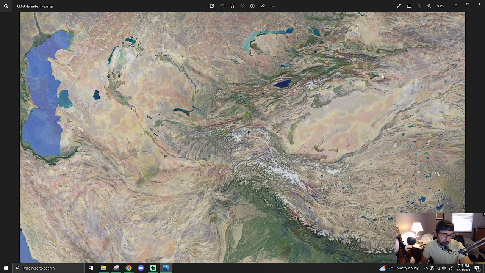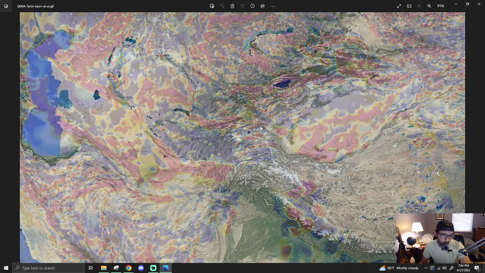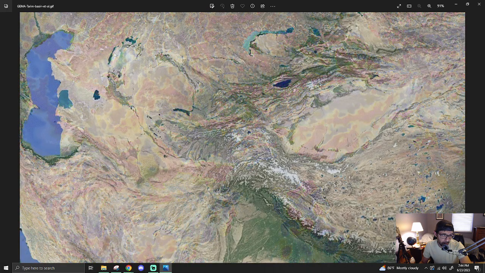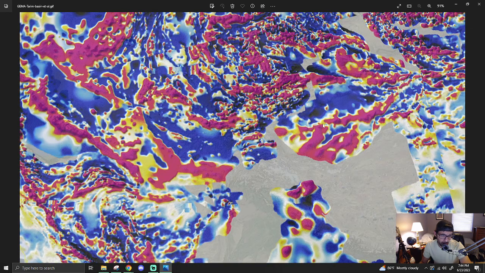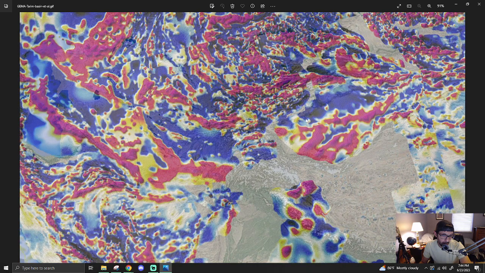Let's see what else we got. So Tarim Basin goes along this way over here. So we see this down to here. Connected to the Tarim Basin through there.